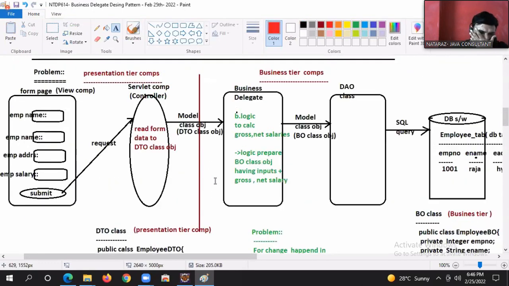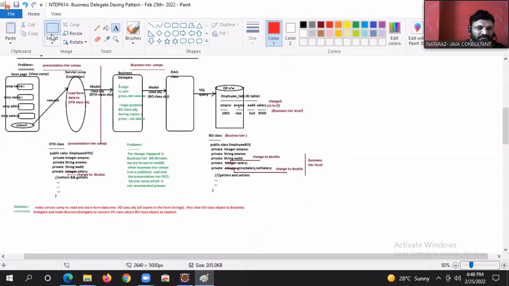Yes, guys. Same setup, guys, but small change. Try to understand the solution thoroughly, my dear.